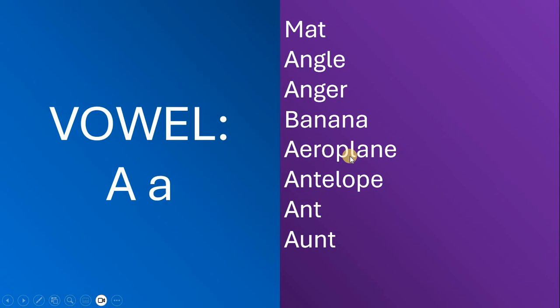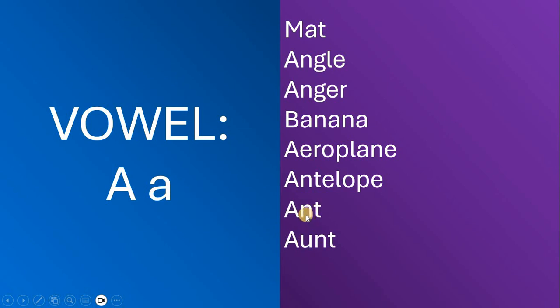Then we have aeroplane. Most of you have flown and you've used the aeroplane. Then we have antelope. This is a wild animal common in Africa. Then we have ant.